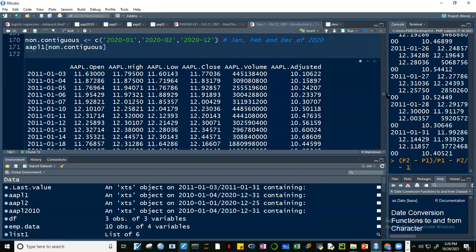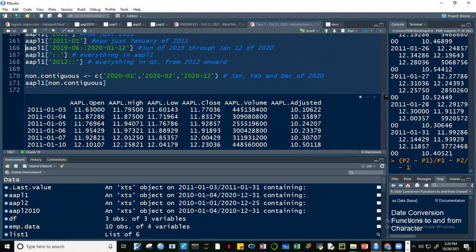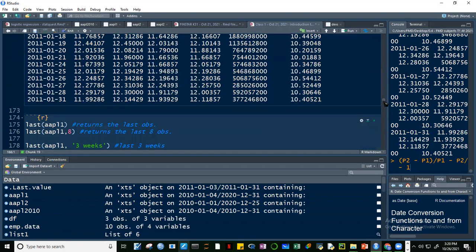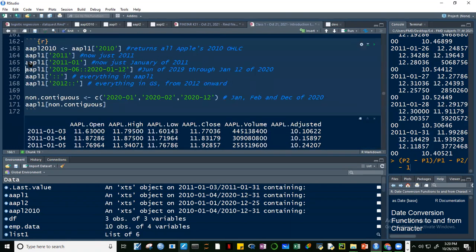So from January 3 of 2011, the first trading day of January 2011, until January 31, 2011. So the code for that is this one. We were subsetting Apple 1, and then we identified the year and identified the month.